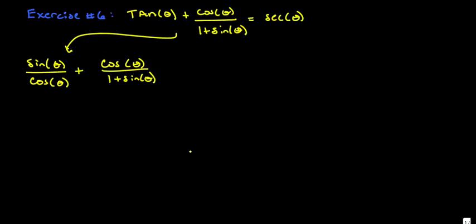Like that. Now I'm going to get a common denominator, which is essentially these two multiplied together. So this is going to be on this one. I'll write it all out so you can see it being done here.